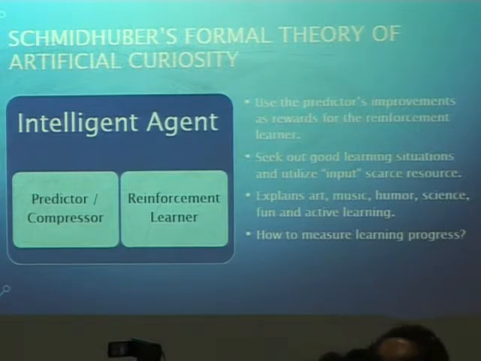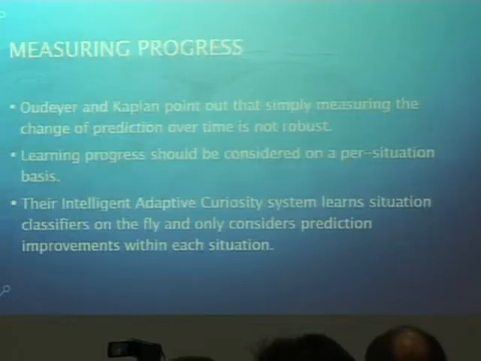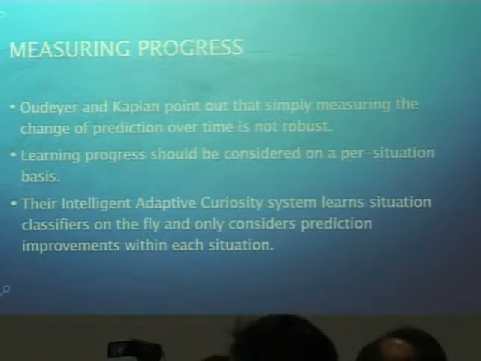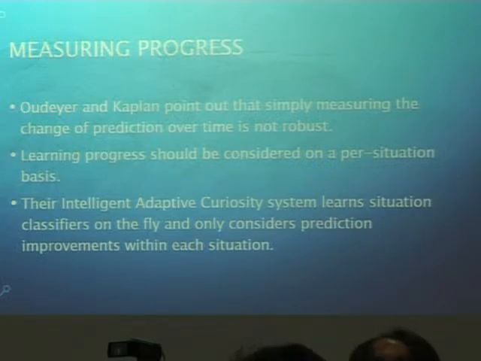So one important question is, how do you measure learning progress? To be honest, I haven't really had all the time to look into what Schmidhuber's approach is, but I found another implementation by Oudeyer and Kaplan, and they point out that it actually doesn't matter how you measure this.